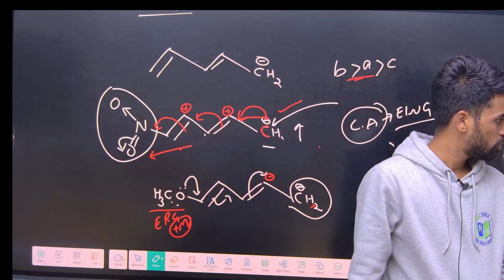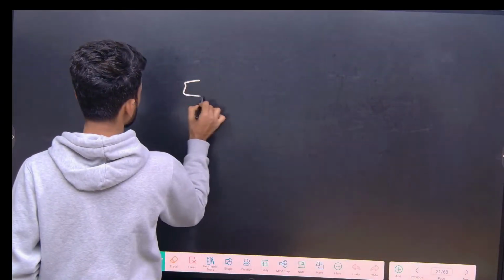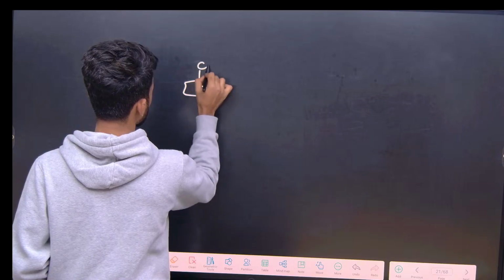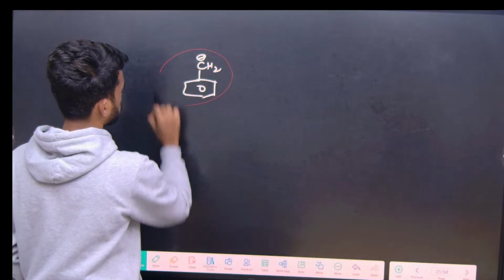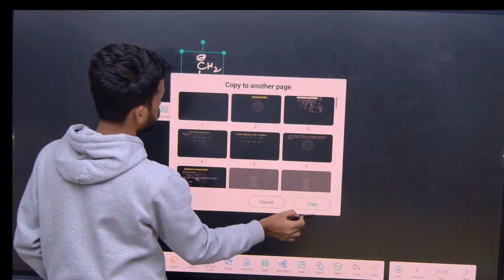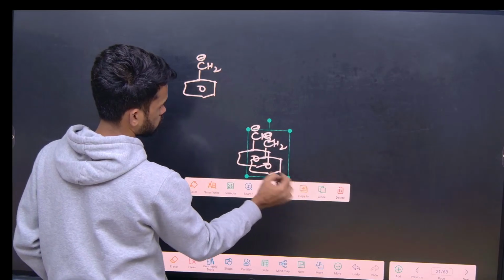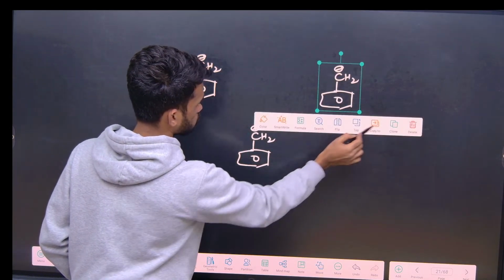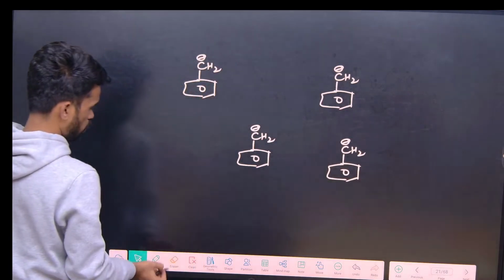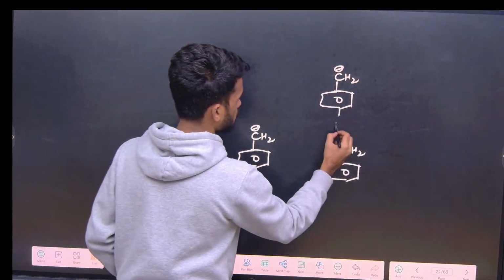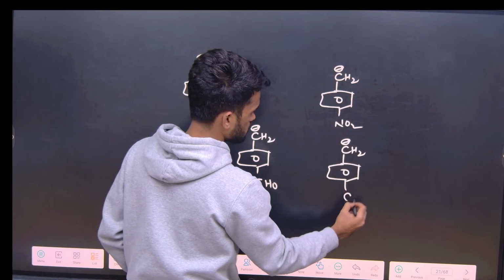Okay, now I will give you one more question on this. Just answer me. Out of these 4, I am writing here a nitro group, here an aldehyde group, and here a CH3 group.